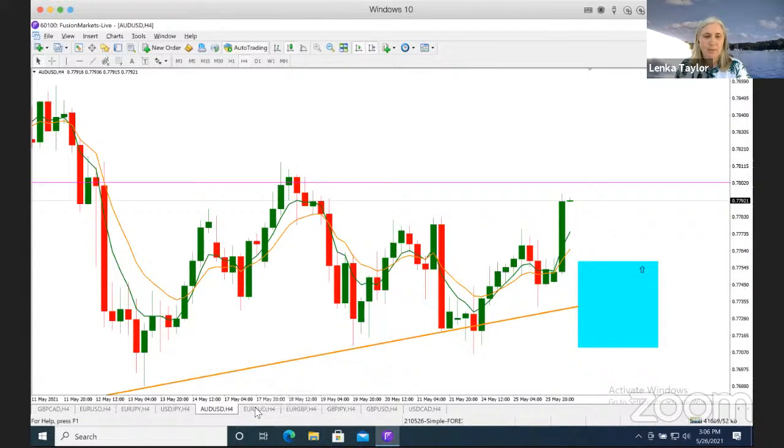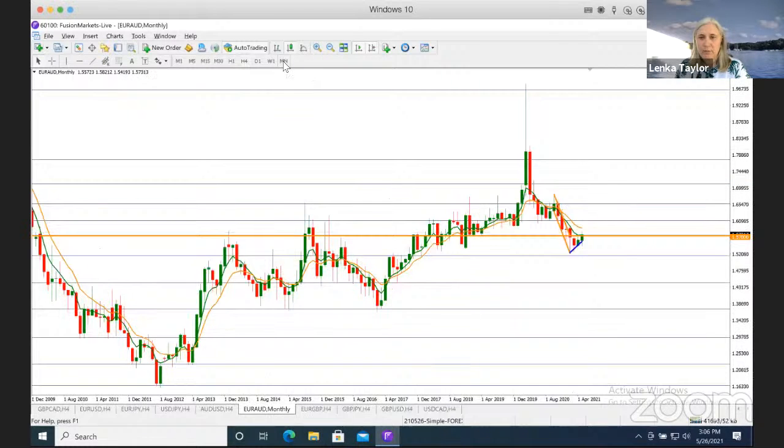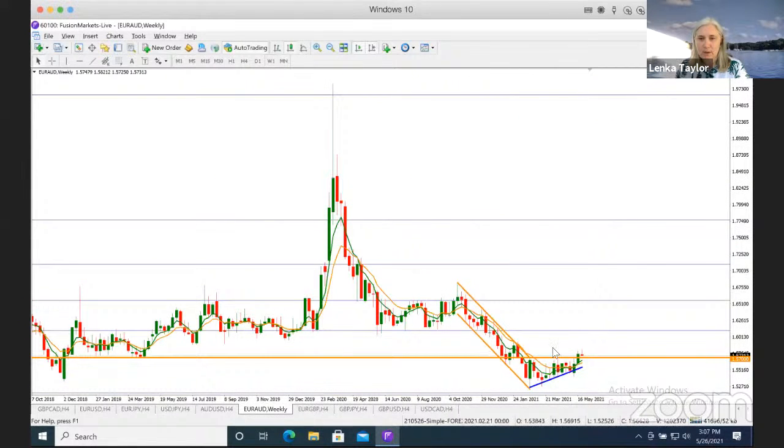Next currency pair I'm going to have a look at is EUR AUD. So with EUR AUD, I'm looking for a long after a bit of a pullback, even though the monthly is still looking like it's short. On here, it's looking to be going up.